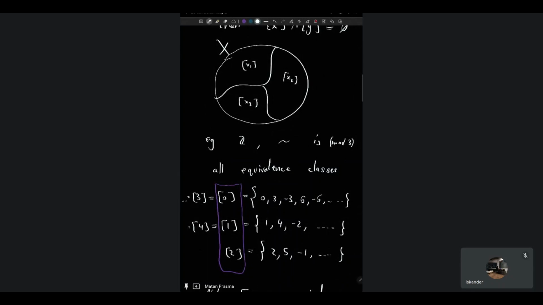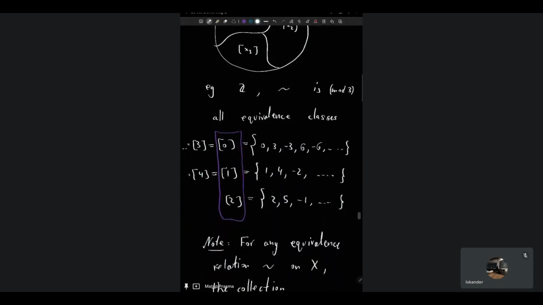The quotient of the integers by the equivalence relation given by modulo 3 is simply the set of all equivalence classes, which I can write as the set of the equivalence class of 0, the equivalence class of 1, and the equivalence class of 2. It's a set with 3 distinct elements.